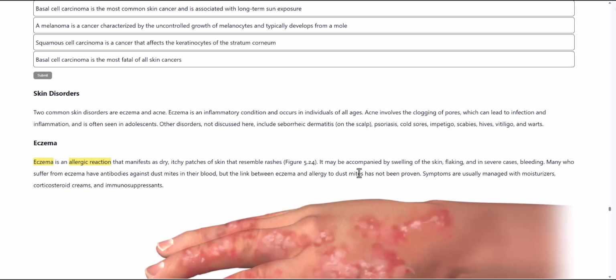There's all sorts of reasons for this, underlying allergies and things like that, but that's eczema. We try to treat it with moisturizers, keep that skin moist so it doesn't flake off, some steroid creams that help to reduce the inflammation, and even some immunosuppressants if we know that it is an autoimmune response.